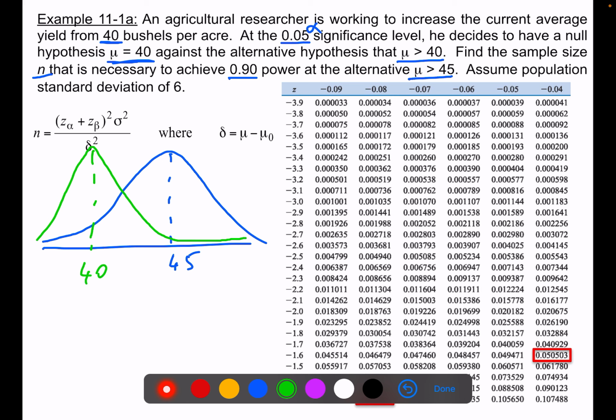And our range comes from the red curve, green curve, and our area comes from this other curve, the blue curve.